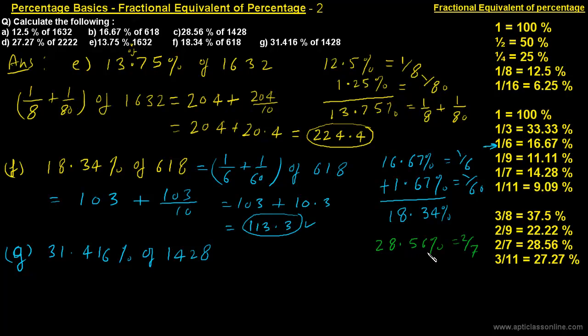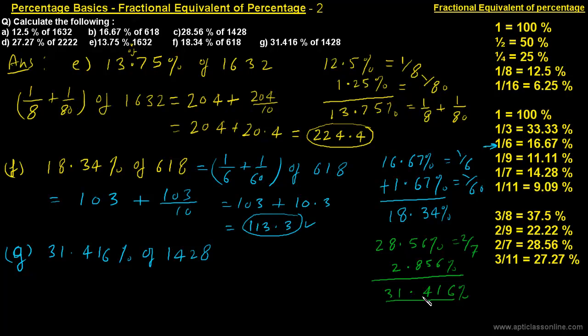It is again the tenth fraction of this, that is 2.856% bigger than this. If you add, we get 31.416%, what we have been looking for.